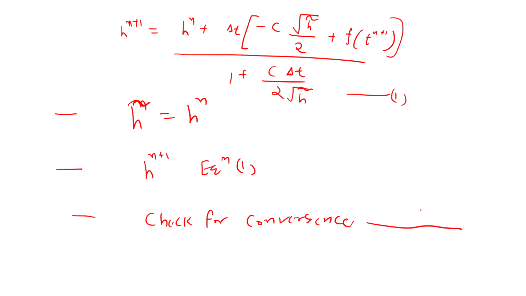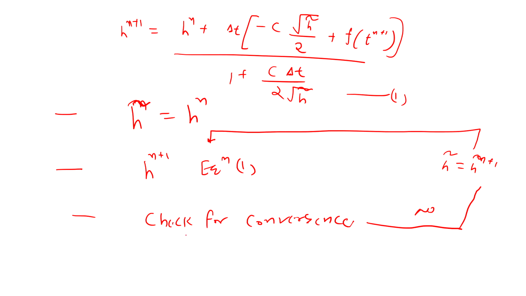If it is no, then my h tilde will become h_{n+1}, and from here I will directly jump to this point. And if it is yes, then move to the next time step. So within one time step we are basically doing loop formation.